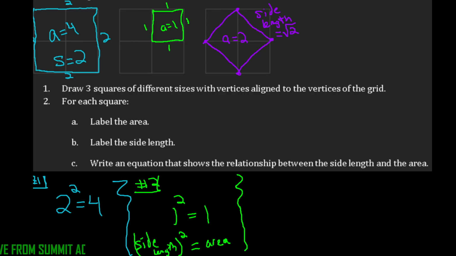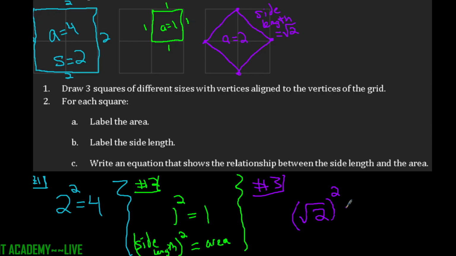And then for that last one, the purple one, for number 3, that third square, inside the parentheses my side length was the square root of 2. I'm raising that to the second power, squaring it. That is going to be equal to 2 because I'm getting rid of my radical symbol, that square root symbol. And so the area of this square is 2. Again, feel free to pause, rewind as needed.